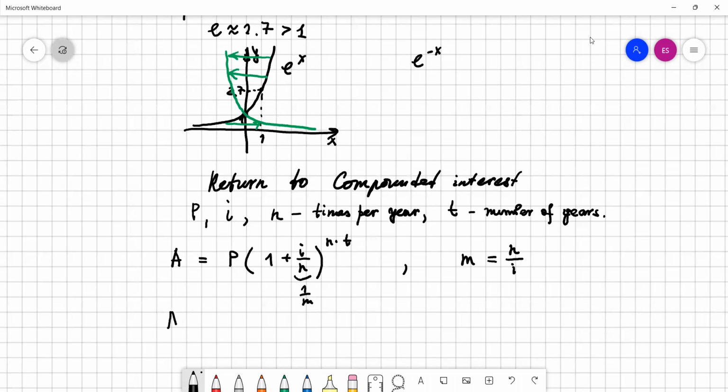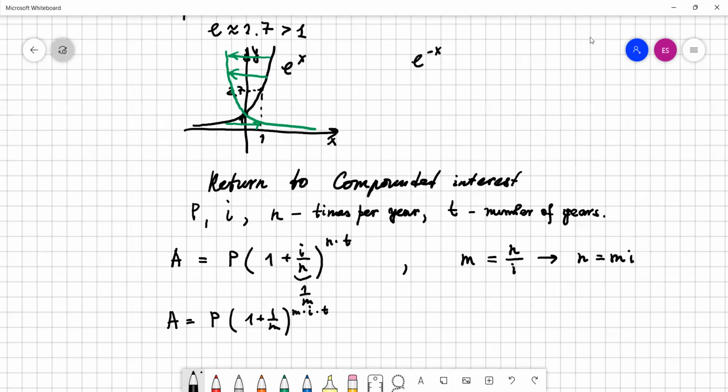So I'm going to modify my formula now. Principal times (1 + 1 over m), and here, instead of n, it is equal to m I, and t stays over here.